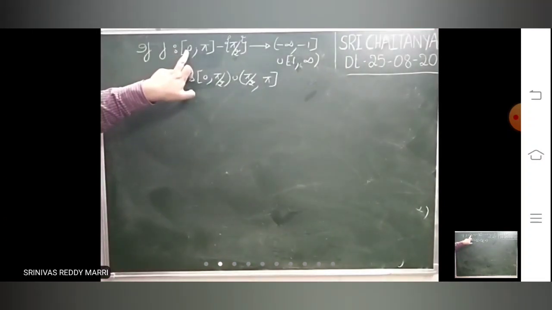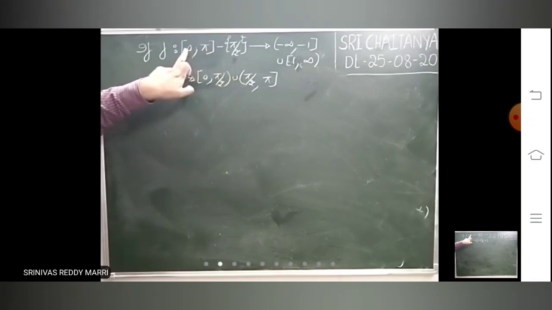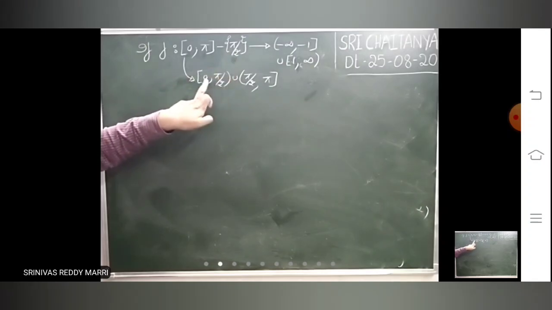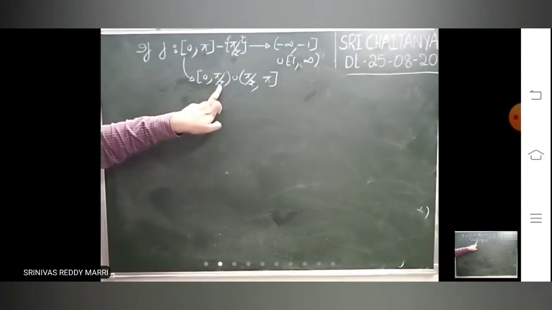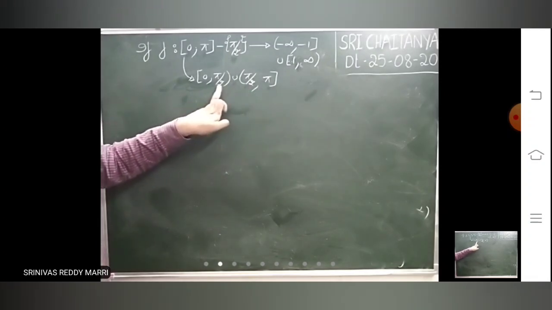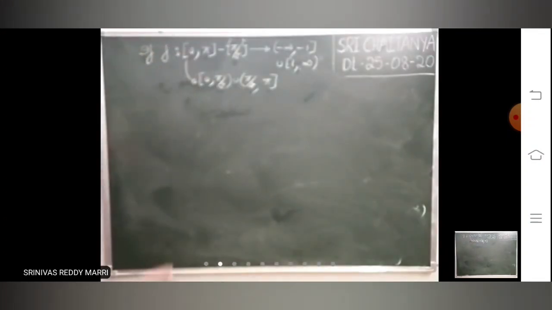That means closed 0 to pi except pi by 2. That means the domain is closed 0 to pi, but in between, pi by 2 will not be there. Or otherwise, 0 closed to open pi by 2 union open pi by 2 to pi. Pi by 2 will not be there. This interval is the same as this one.